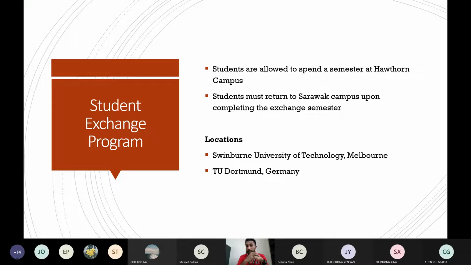Whatever units you complete in Melbourne, you get exempted when you come back to Sarawak campus. For exchange, you are allowed to do only 1 semester in Melbourne, and then you have to return back to Sarawak campus.